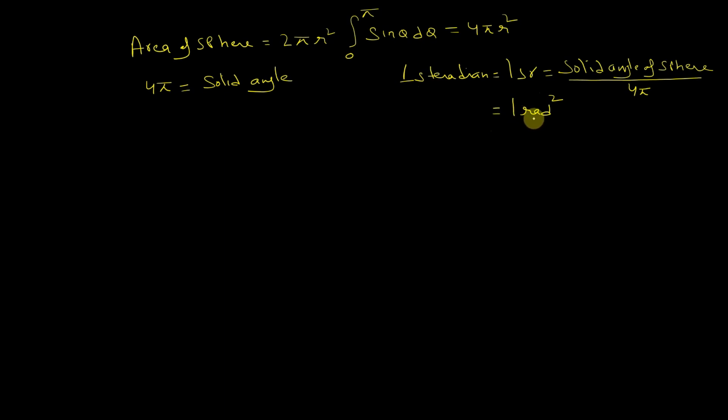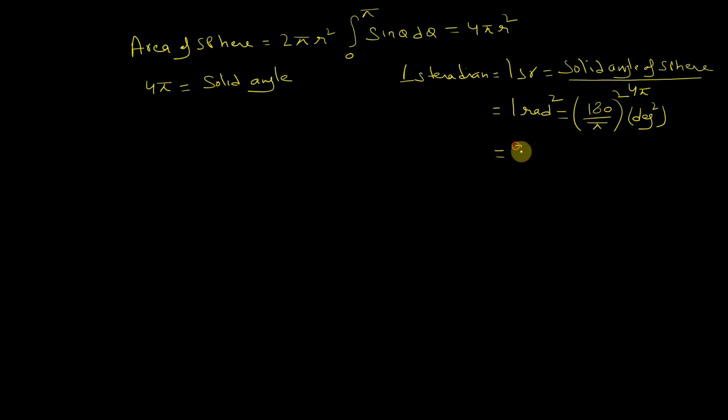So 1 radian square is equal to 1 steradian. So put this value here. We can write this radian as 180 by pi, squared, in degree square. So put this value and solve it.